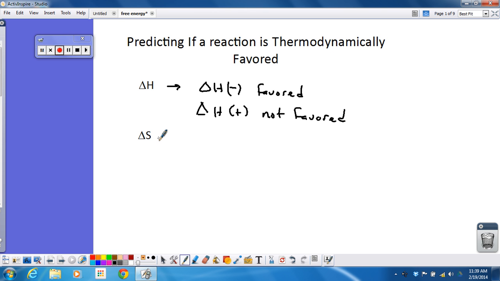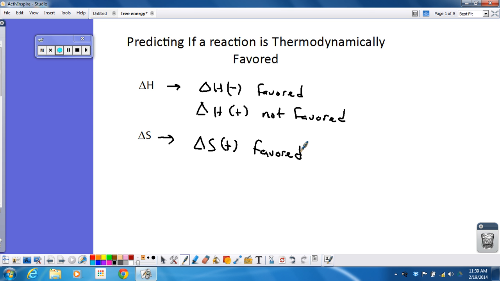Remember, delta S is change in entropy. So if delta S is positive, in general, we can predict that the reaction is favored. And again, when we're looking at a reaction, we're looking at the system. So this is the delta H. When we're talking about either delta H or delta S, we're talking about the delta H or delta S for the system.